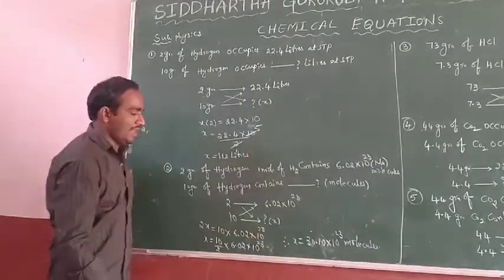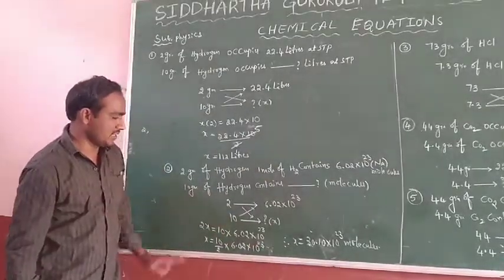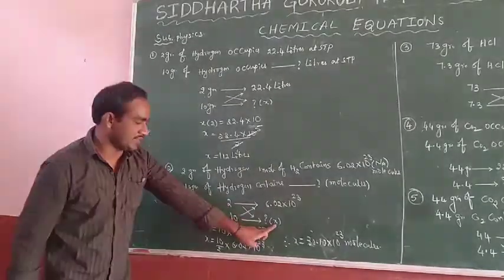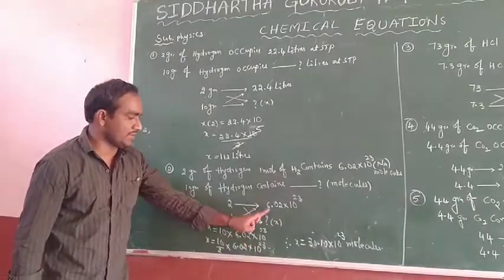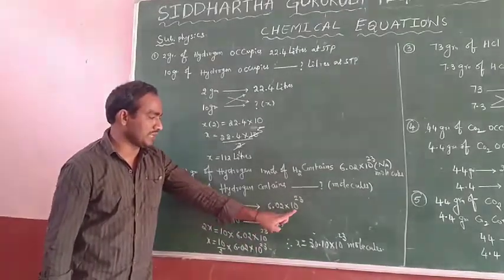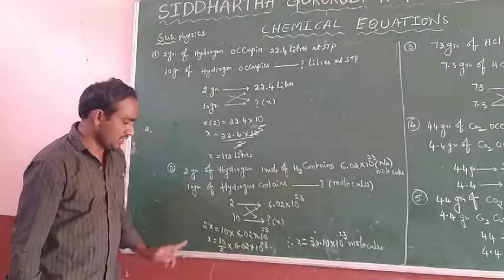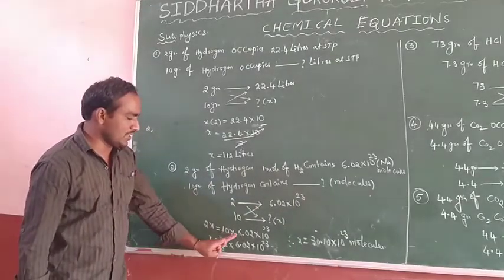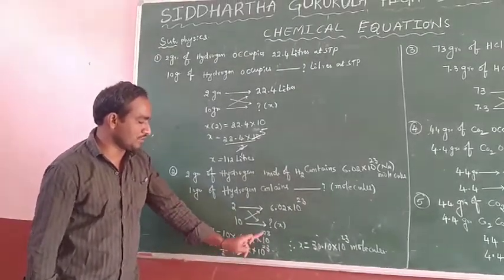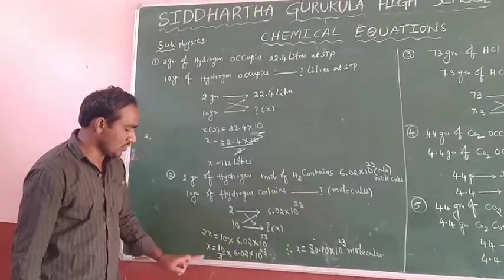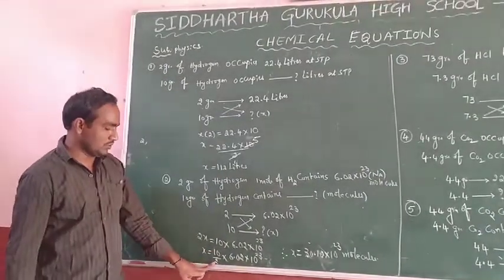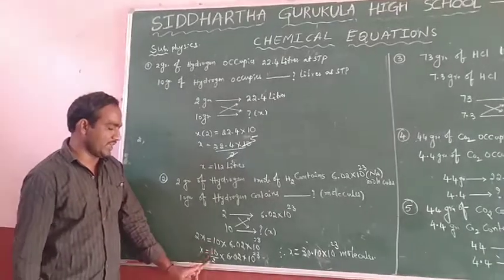There is no value, so we assume x. So 2 multiplied with x is equal to 10 multiplied with 6.02 into 10 to the power of 23. Then 2x is equal to 10 into 6.02 into 10 to the power of 23. Then x is equal to 10 by 2, so we will get 5.